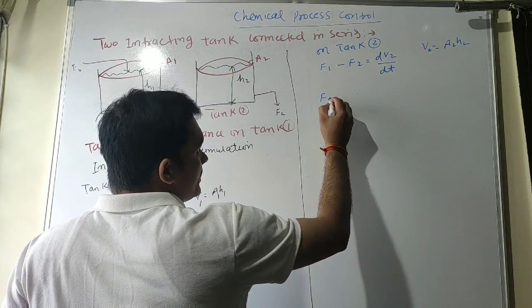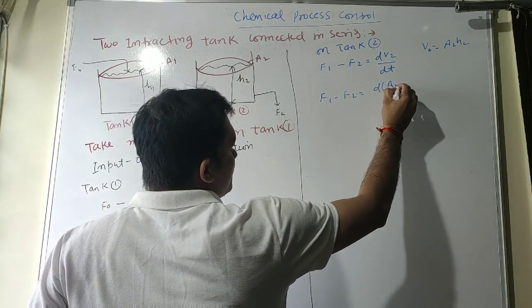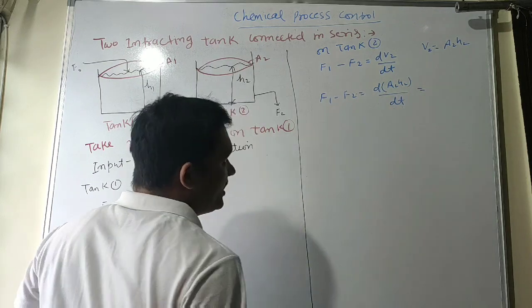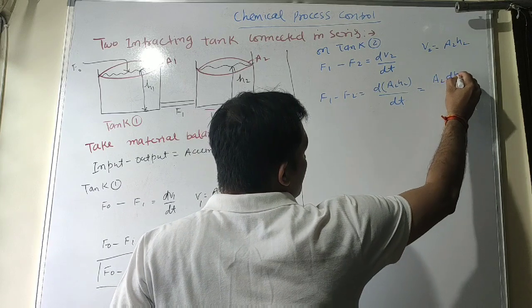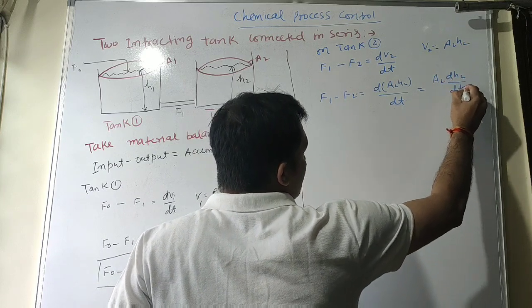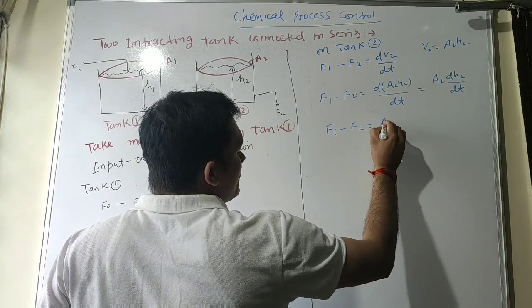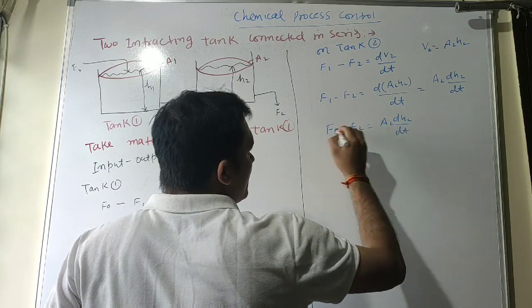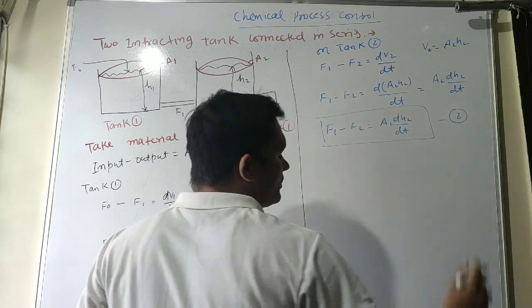If we put the value of V2, we will get A2 H2 upon dt, where A2 is constant throughout the height. It will come out of the differential and we will get the model equation for tank 2: F1 minus F2 equal to A2 dH2 upon dt. This is equation number 2.